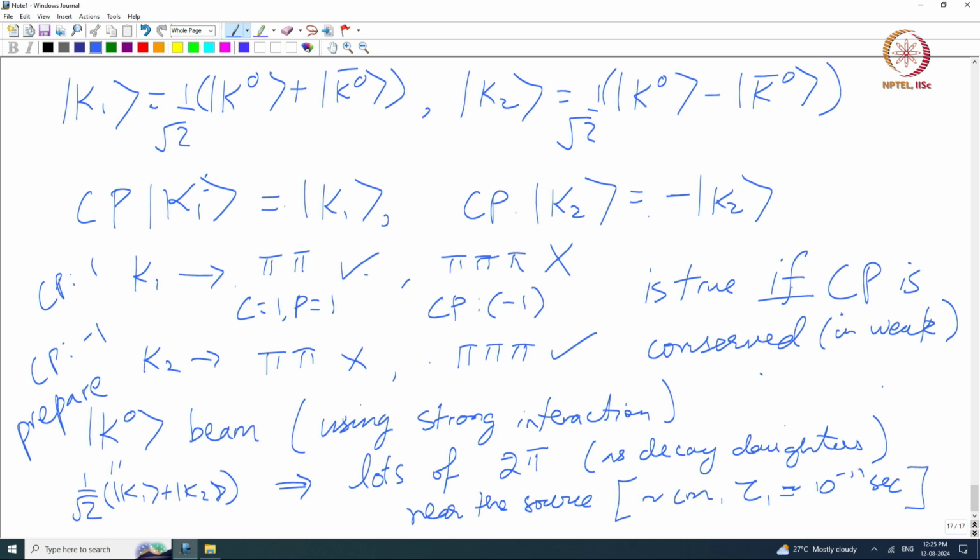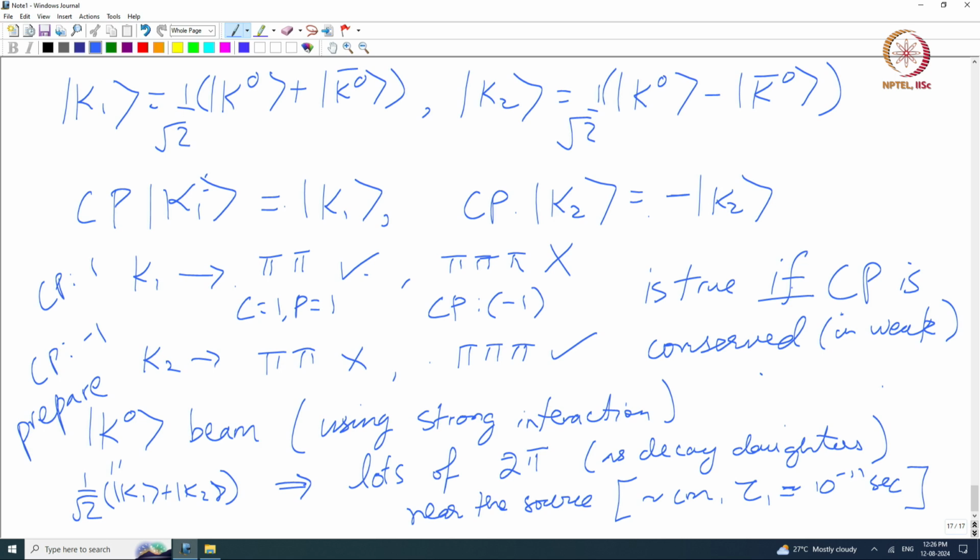Why is that? Because this is made up of K1 and K2, and K1, if CP is conserved, exclusively goes to 2 pions. 2 pions means the total mass of the final state is 2 times the mass of the pions roughly, not accounting for relativistic energies and things like that.